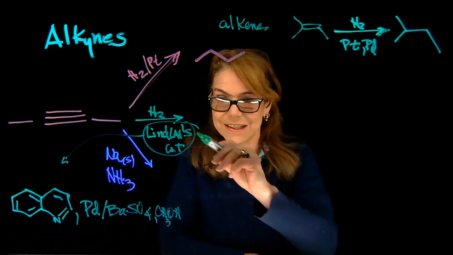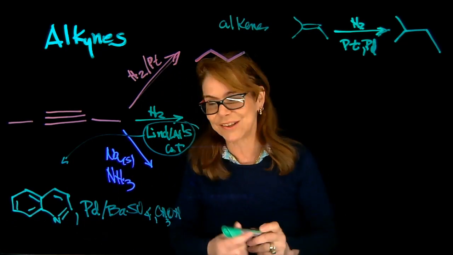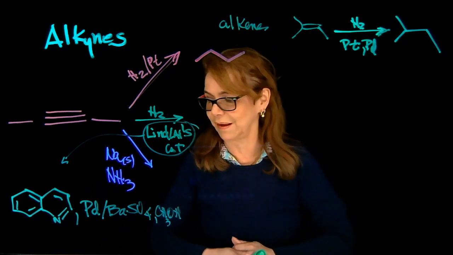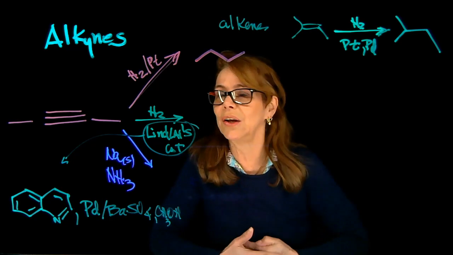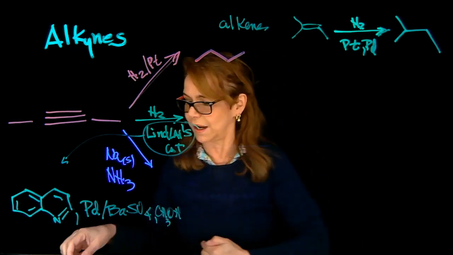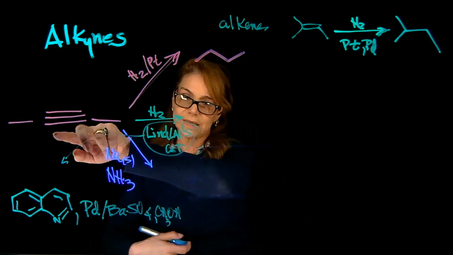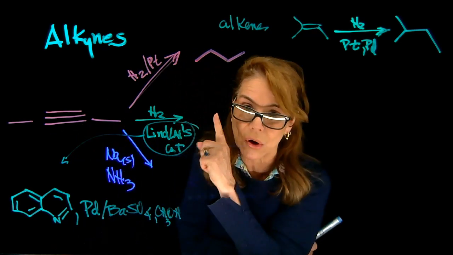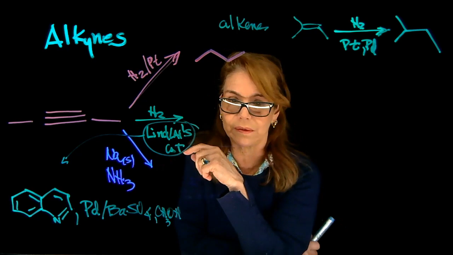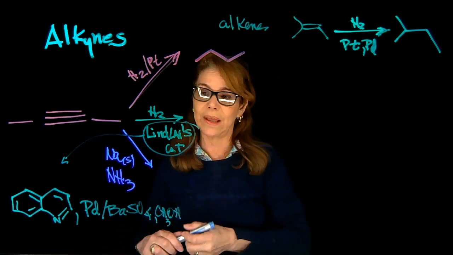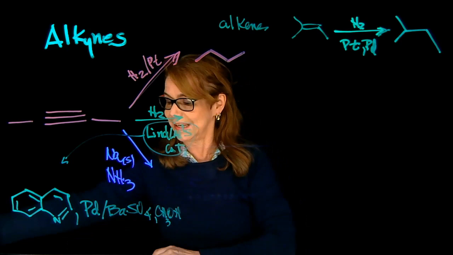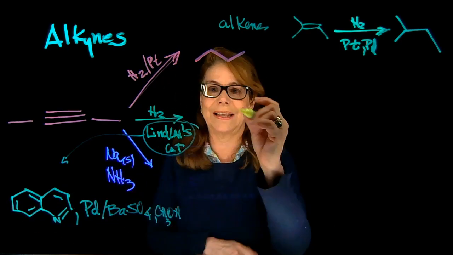Most likely you're going to see it as Lindlar's, but just in case you see this, you will know it's the same. What this does is poison, in other words, it catalyzes the first reaction, adding just 1 mole of hydrogen across the triple bond to make the alkene, but it does it in a way that the product is a syn alkene.